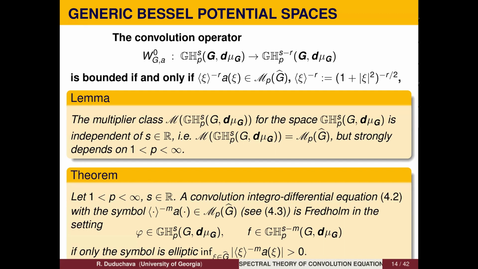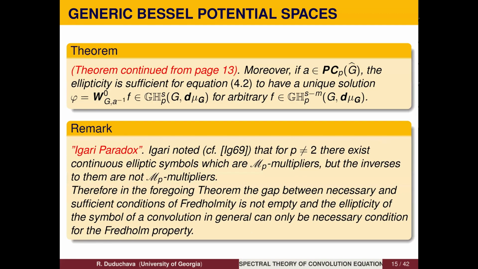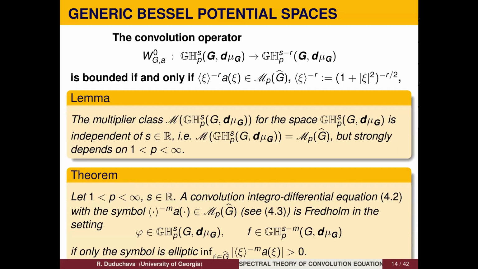The convolution integro-differential operator with this symbol, which is of order m, is Fredholm in the space setting when we look for the solution in generic Bessel potential space s, and the right-hand side is in generic Bessel potential space s minus r, if only the symbol is elliptic, if only.